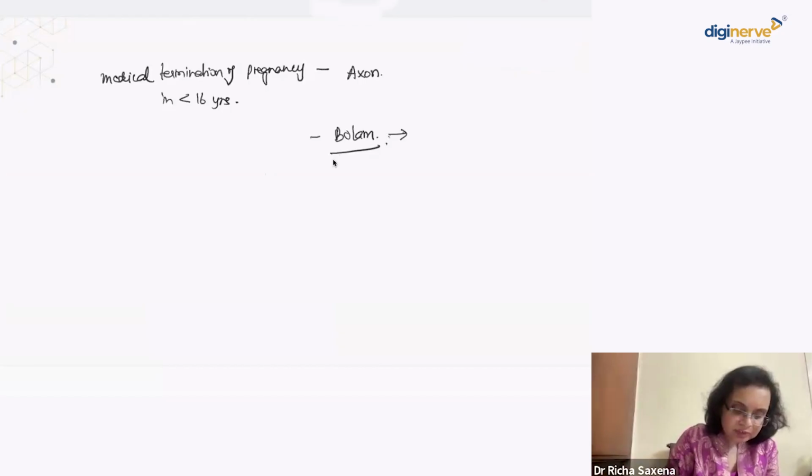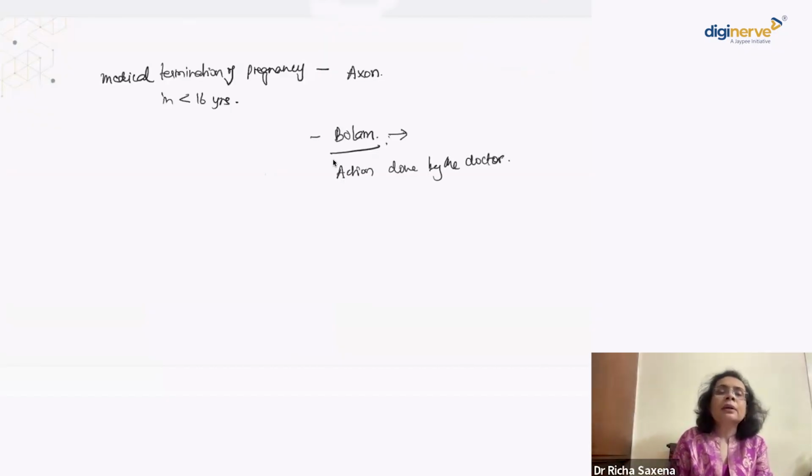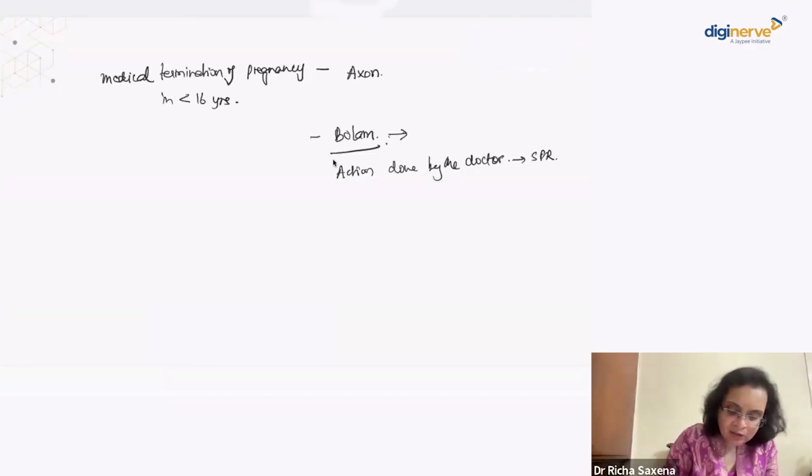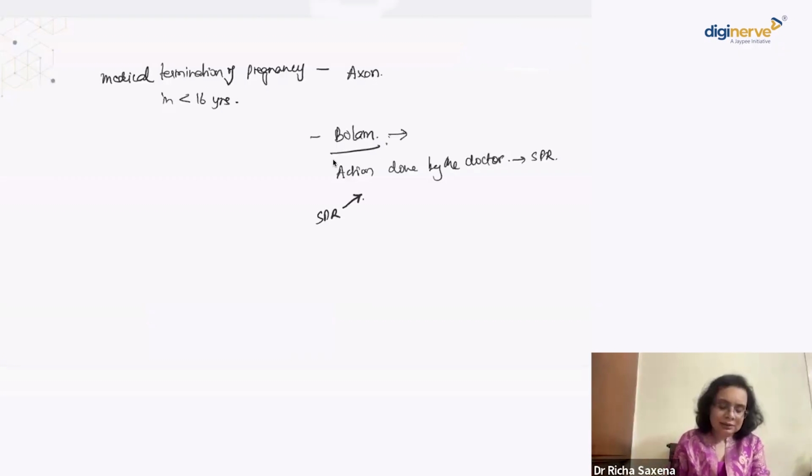If an action done by the doctor is one that the court feels would have been done by the majority of individuals belonging to the same category, for example, if the doctor is an SPR, a specialist registrar, then majority of SPRs would have taken this action, then that action can be justified by the doctor. That principle is known as Bolam.